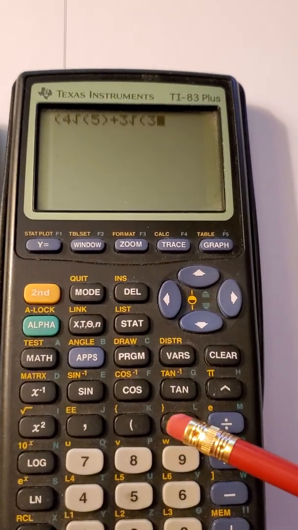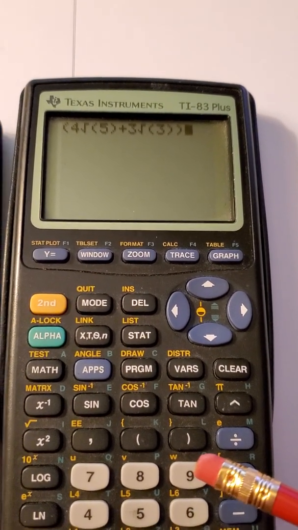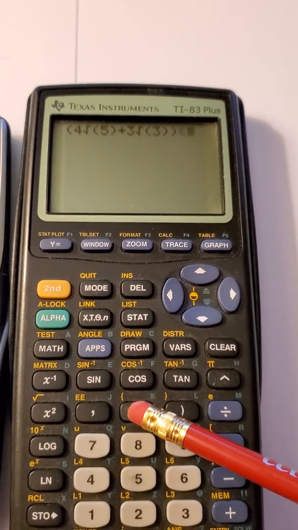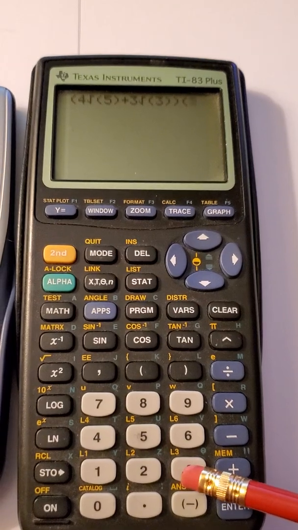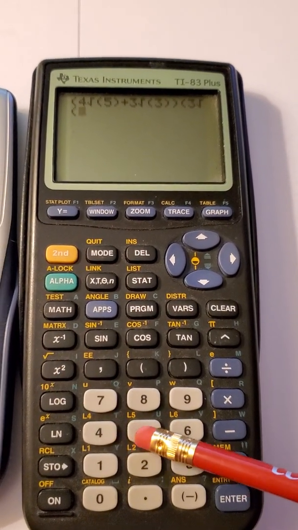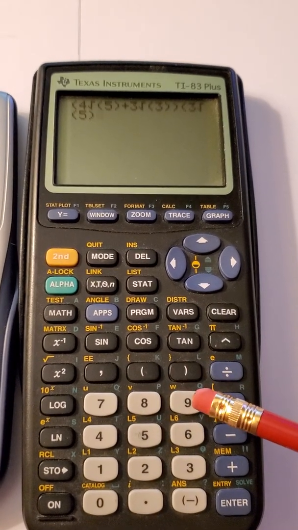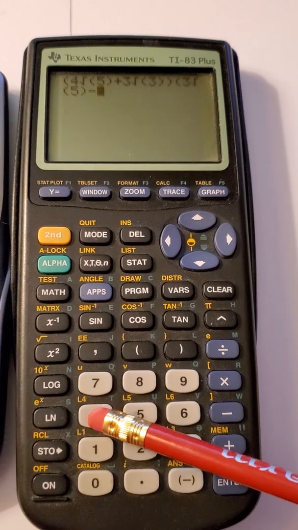And then I'm going to have to close the parenthesis twice, once for the radical and then once for the binomial. And then we need to open another parenthesis, and we're going to put 3 square root of 5. Remember to close the parenthesis for the square root, minus 4 square root of 3.